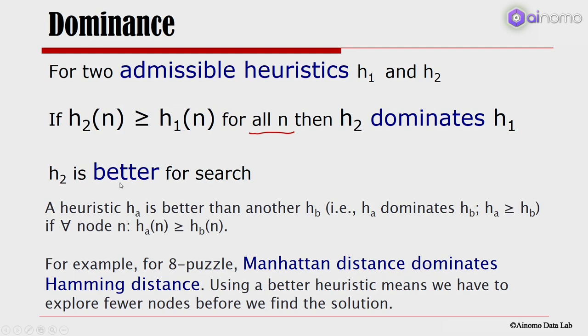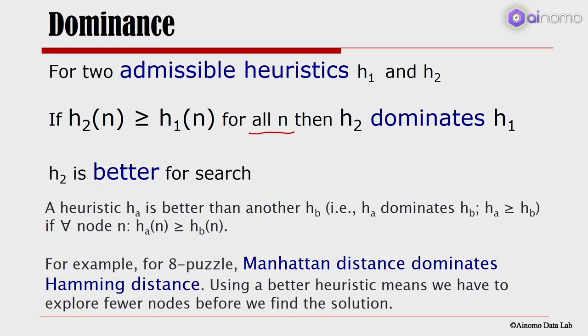H sub 2 is better for search. A heuristic H sub A is better than another heuristic H sub B, that is H sub A dominates H sub B, if for all nodes H sub A is more than or equal to H sub B.